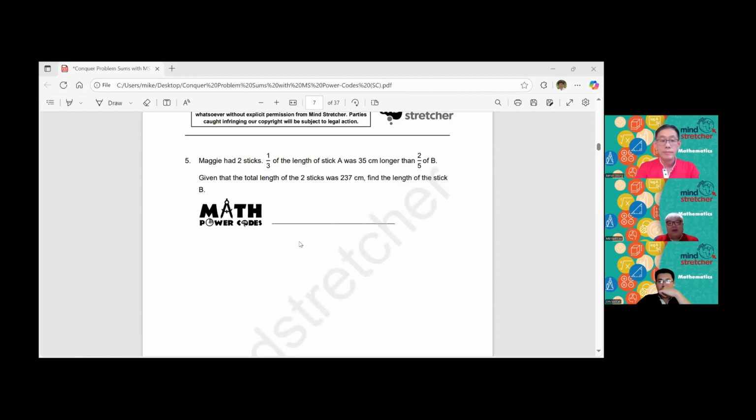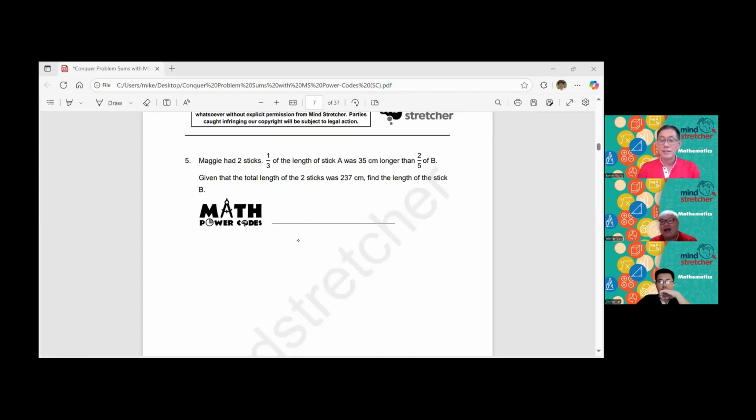Okay, so let's look at question 5. Maybe before I start, do you have any idea what power code you think question 5 will be using? Maybe you all can type in the chat. I can see working backwards, simultaneous equation, ratio, stack up model.